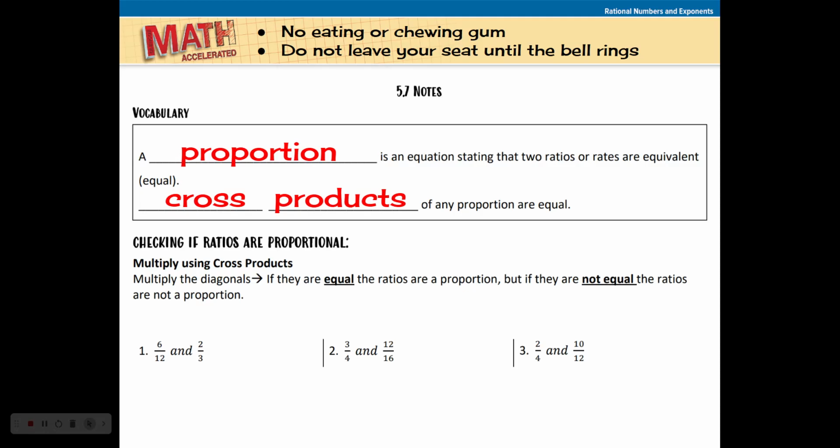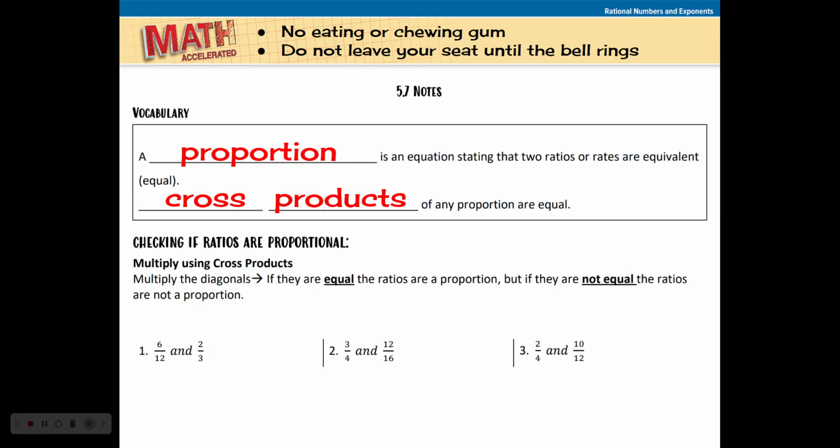So when we just look at some ratios, seeing if the ratios are proportional, their cross products should be equal. So right down here, example number 1, 6 over 12 and 2 over 3. Are those ratios proportional?